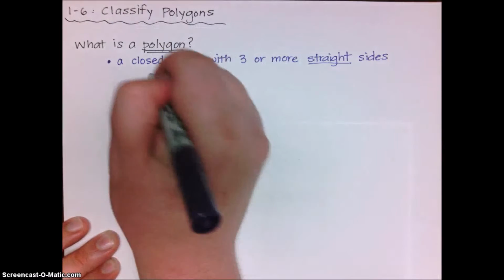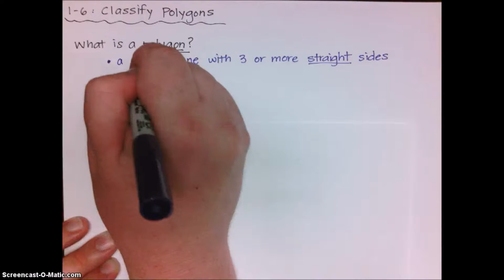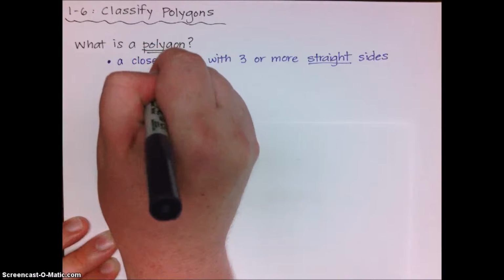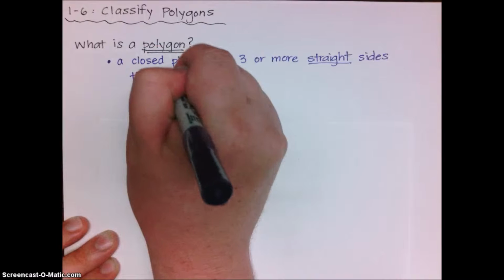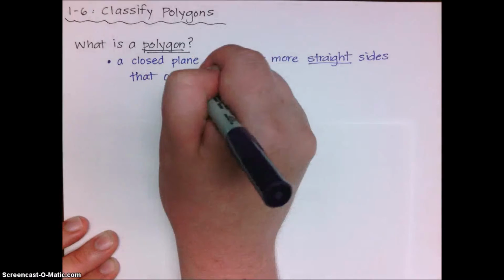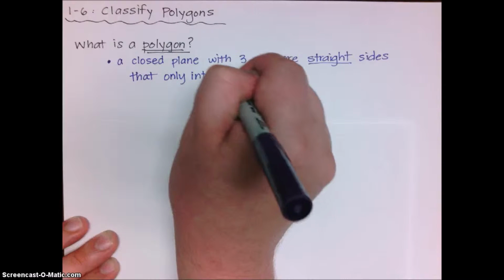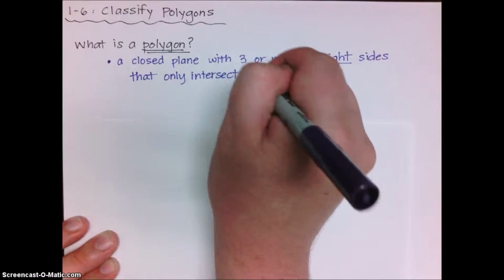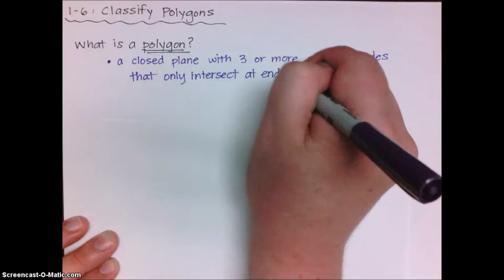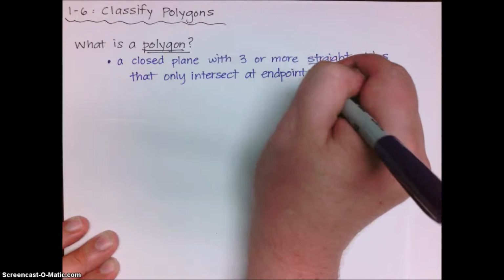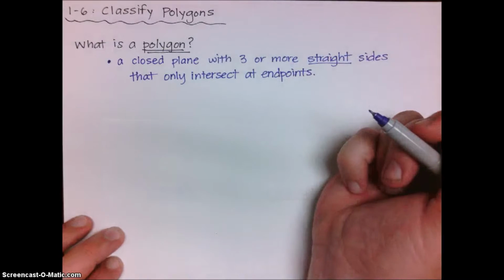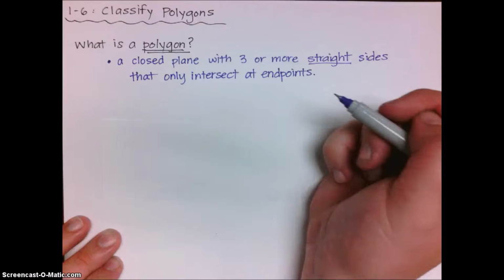And the last thing is that these sides only intersect at the endpoints. So this means that never are you going to see any of the sides crossing one another.